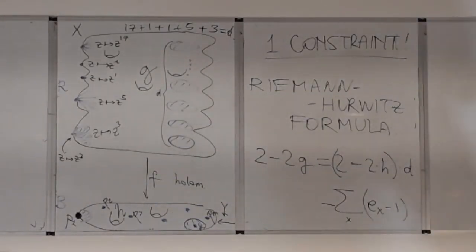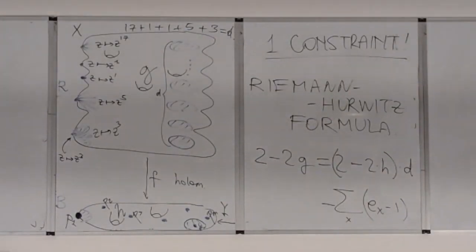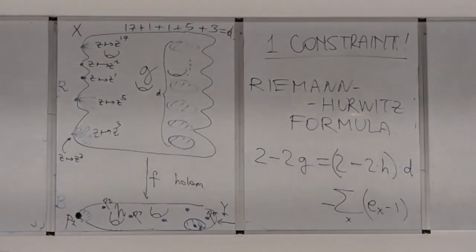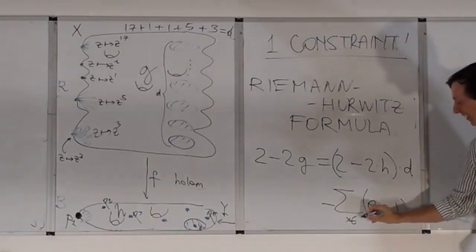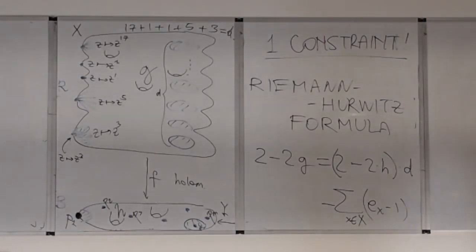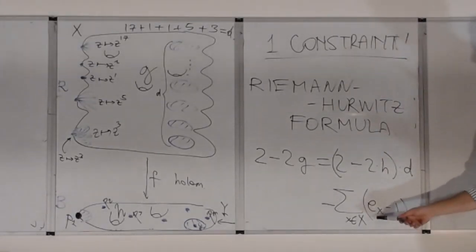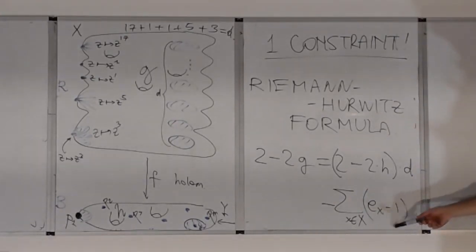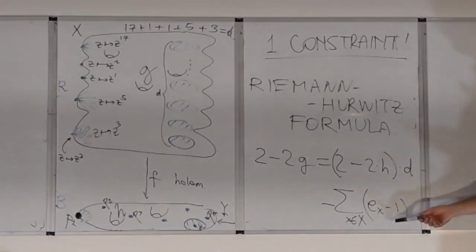And now you can get very angry, because I wrote the sum over points of a Riemann surface, all x in X. But every point has e_x equal to 1, so this vanishes except at finitely many points. So this is a finite sum.